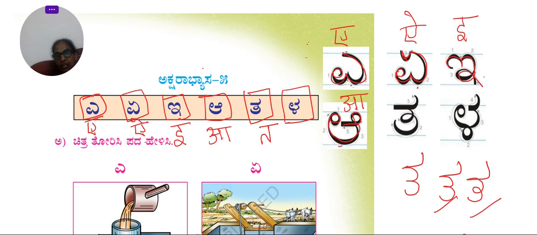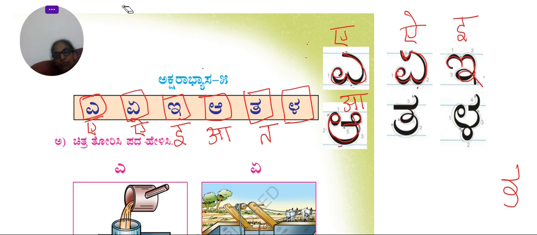If you see here, there's a small curve here. But you could also write it just like number 3 and put the talekattu. So these are the two ways of writing Ta. Let us trace it along with the arrows. You start and then put the talekattu.